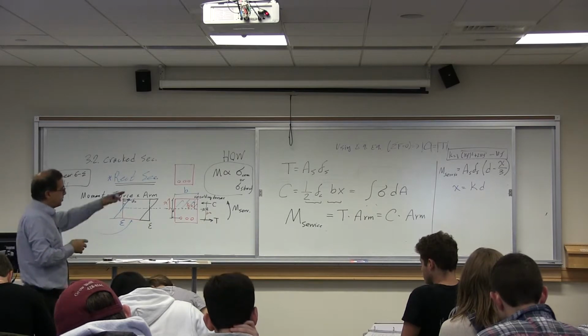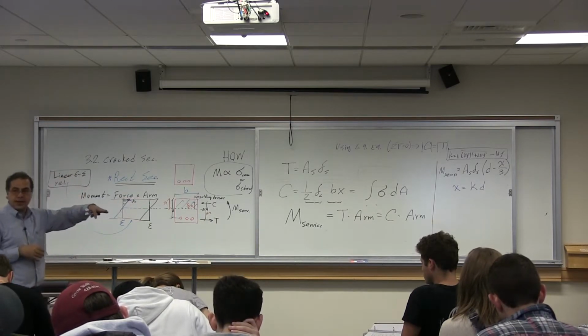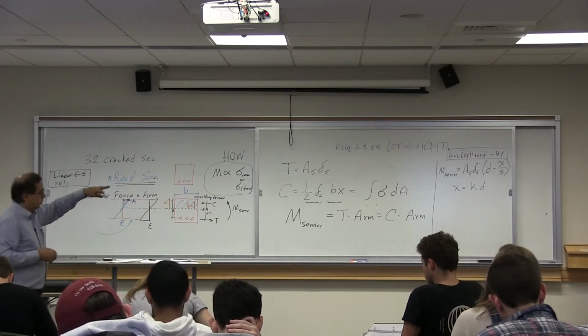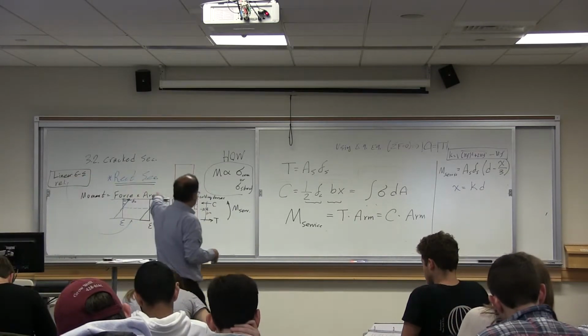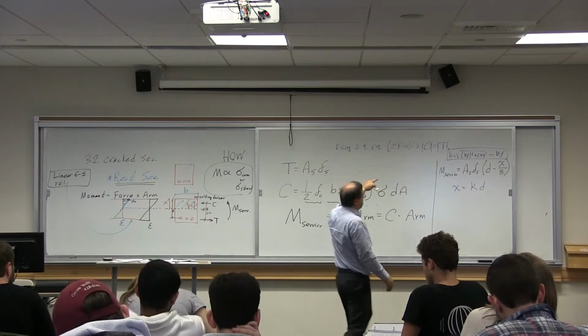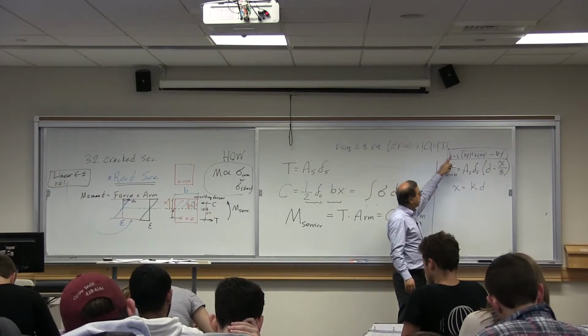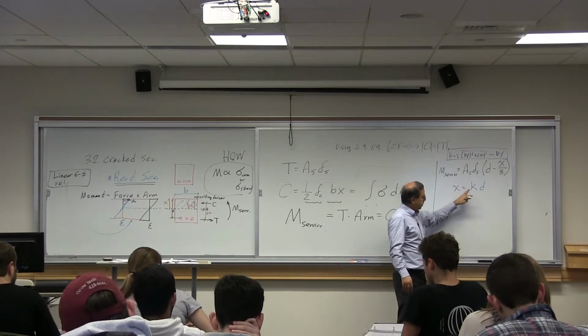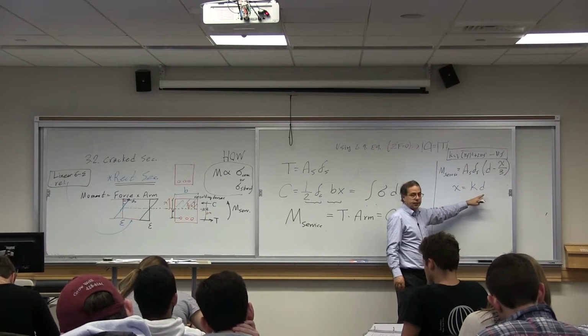First you find the location of the neutral axis or centroid of the section. For a rectangular section, you could easily use this relationship. You find k, and you find X by multiplying k by d.